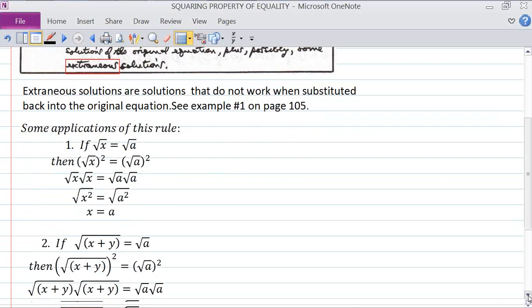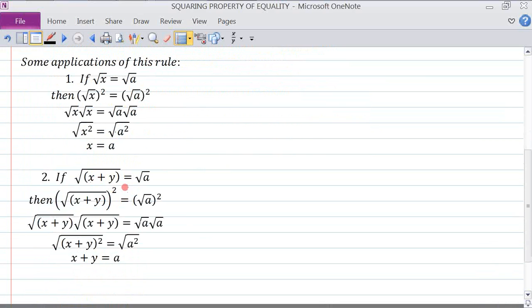So that's one example. Supposing we have x plus y equals the root of A, and then we use the property of squaring both sides. Here I squared both sides. So I take this term and I square it, I get this. I take this term here and I square it, I get that. So essentially this means take x plus y and multiply it by itself, and take the root of A and multiply it by itself.